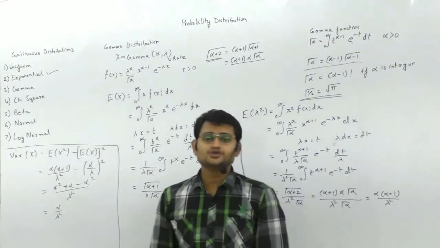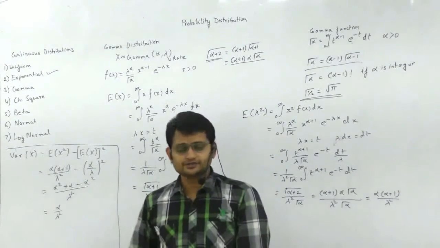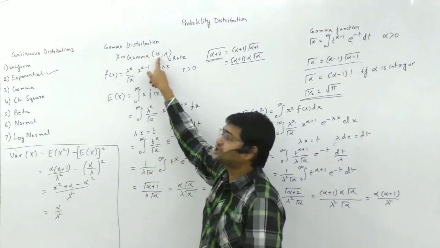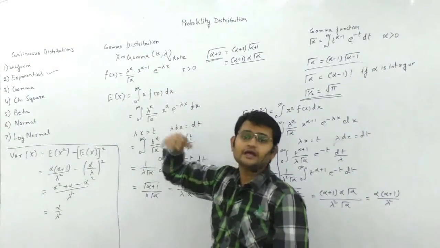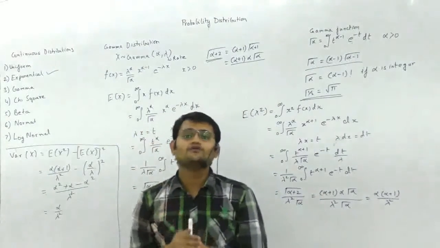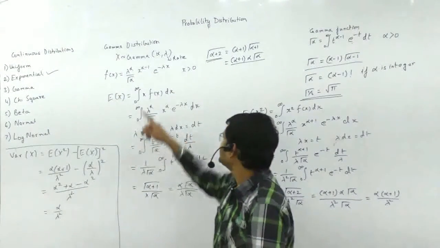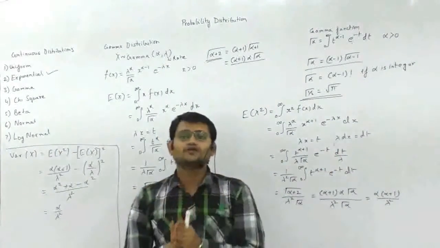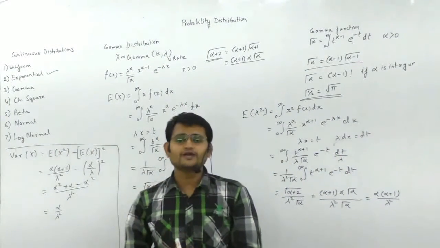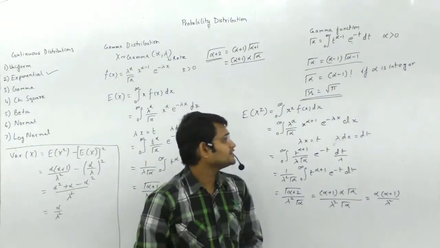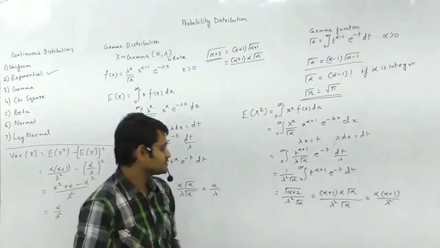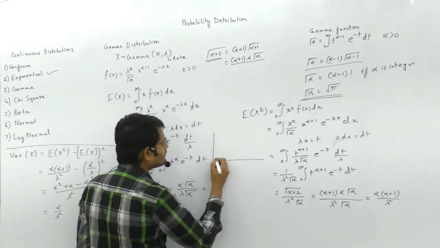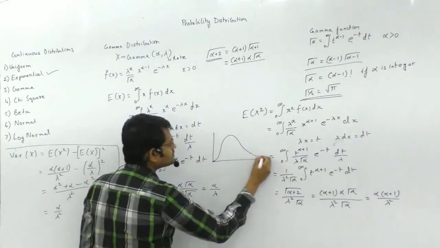A gamma distribution can fit many different distributions. Now basically, a gamma distribution, when we change different values of alpha, we can actually change the height of that particular distribution, and when we change different values of lambda, we can change the width of that particular distribution. So we can basically fit that particular distribution to many different distributions. The general shape of a gamma distribution looks something like this.